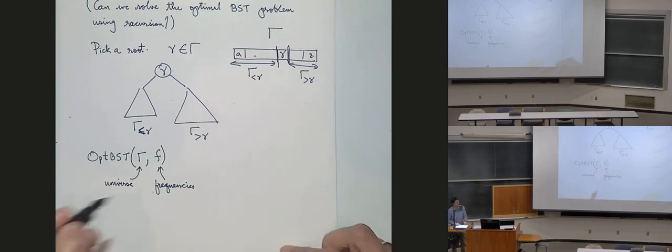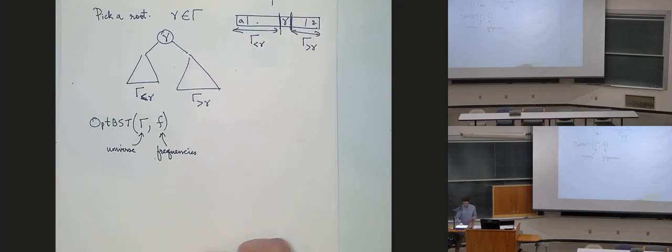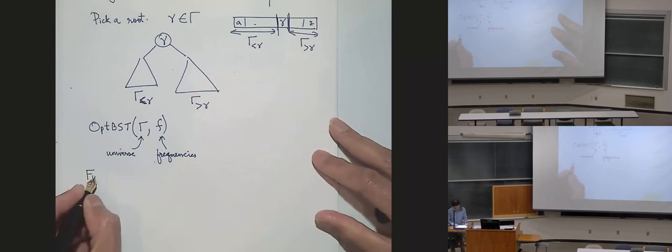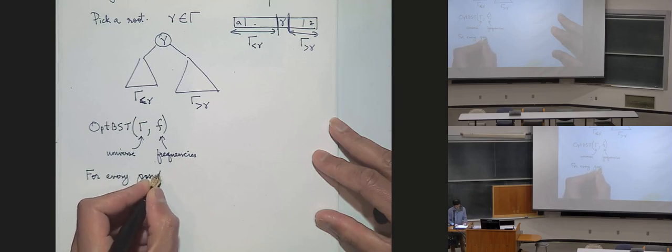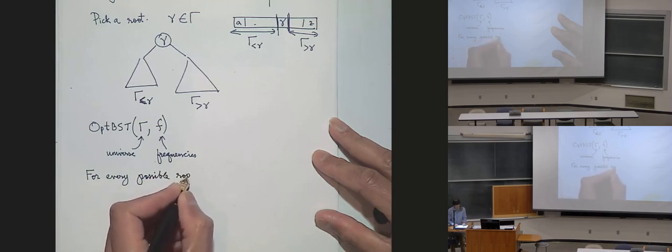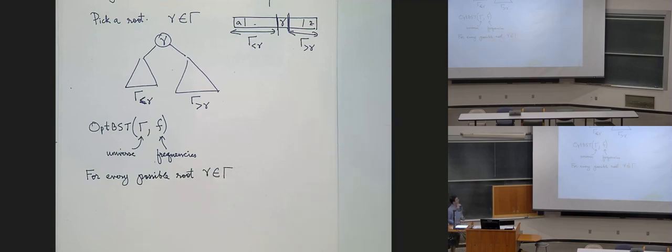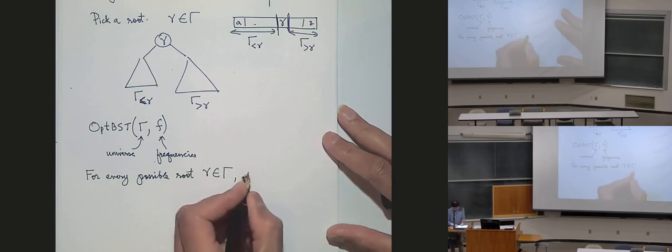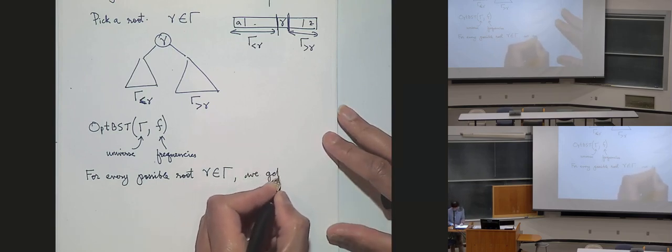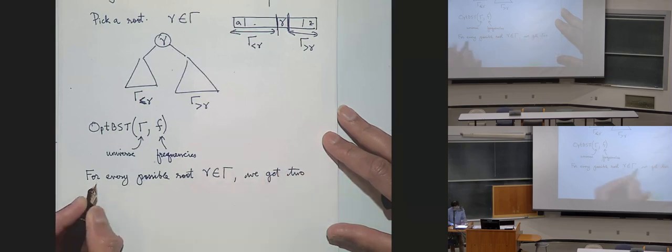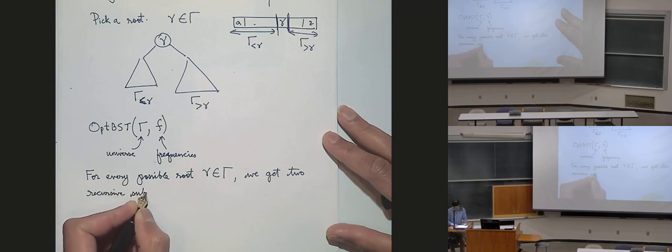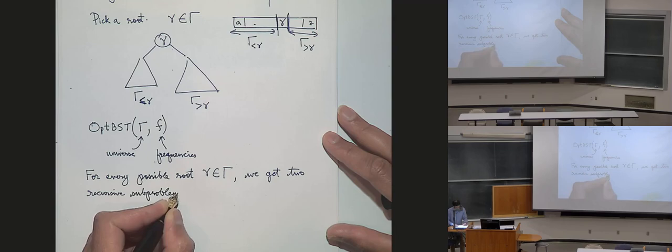So let me just write it down sort of in English, and then we can write the recurrence based on that, right? So what we'll do is, for every possible root gamma, we get two recursive subproblems.